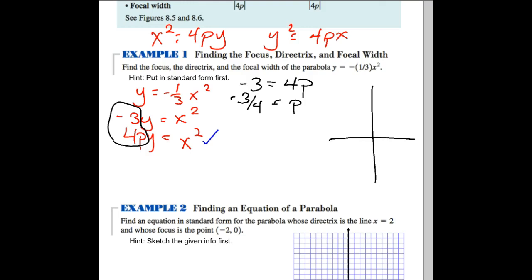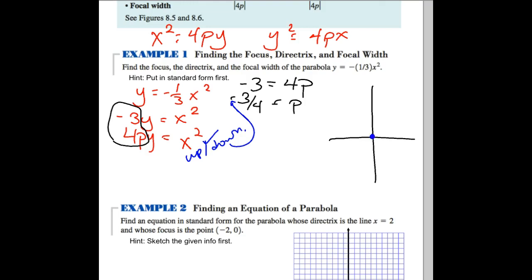X squared are the ones you've had a lot of practice with, right? Those are the up and down ones. So based on this, we know it's going to be up or down. And since p is a negative number, it's going to open down. So we're going to picture a parabola.